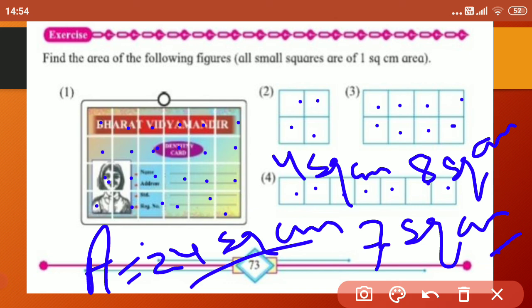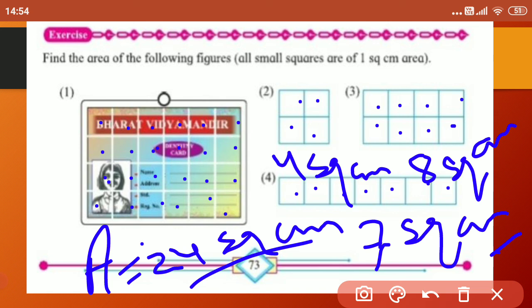How to do this one? One was the formula one. And this one is by counting the square. Got it now? We can divide it into squares and then we can count the area. And the other one is by using the formula that was given in the video.